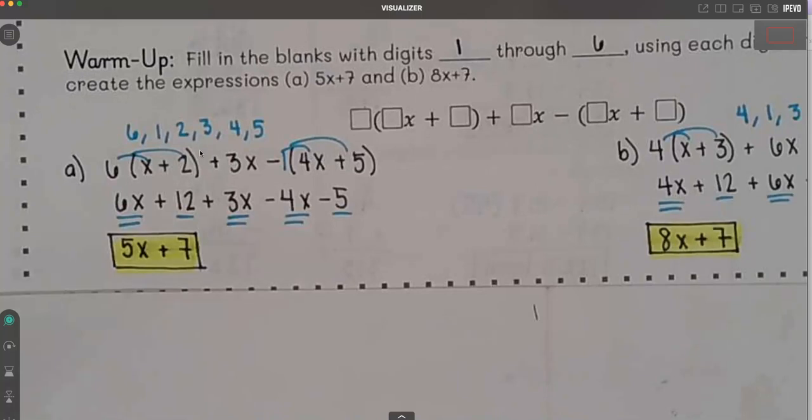It's because you guys were really close. You just needed to, yeah. Can you show me? Can you show how to get it? Okay. So what they did there is they distributed the 6 and then they distributed the negative.